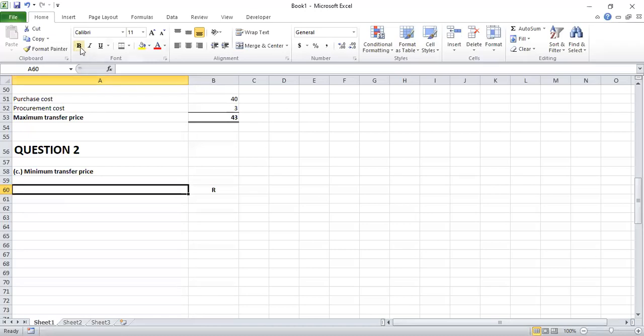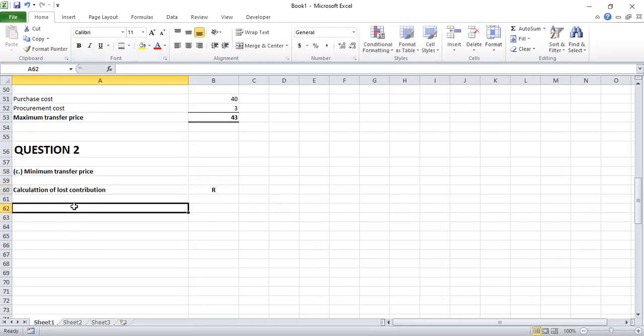The reason why we want to calculate the contribution is we want to see the lost contribution, which also has to be factored in when determining the minimum transfer price.